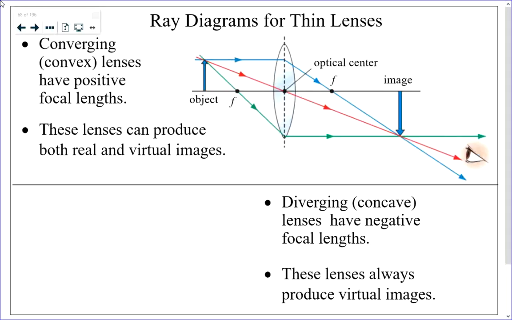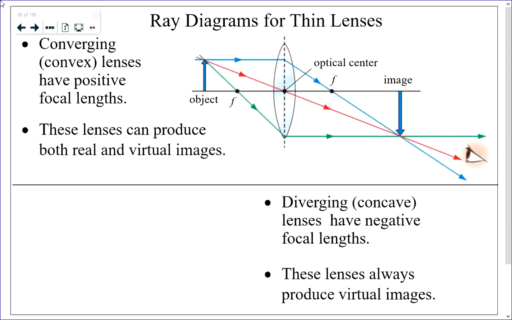For converging lenses, beams of light parallel to the axis refract through the opposite focus. Beams of light through the center continue through the center. Beams of light through the focus on the side of the lens that the object is on refract parallel.